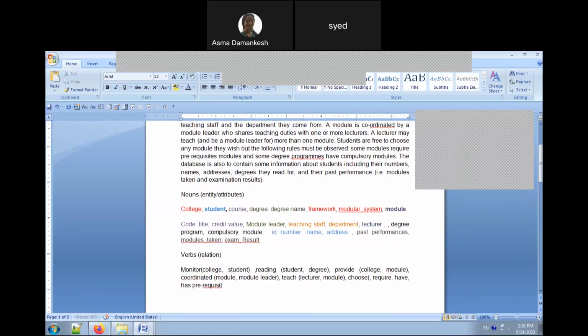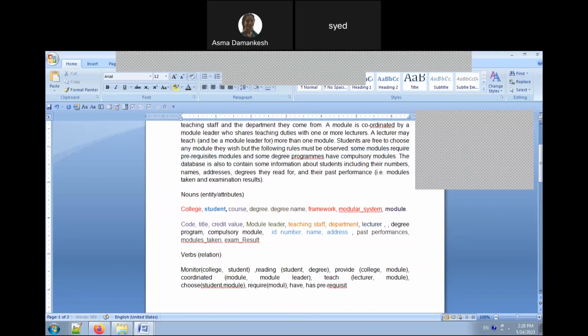Choose, what is the choose? Students are free to choose any module. So choose is between a student and module. Require is what? Let's see. Some module require prerequisite. So between module and prerequisite.